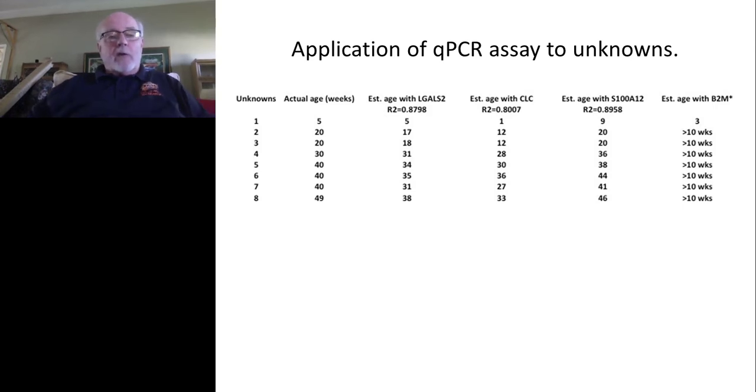So when we did that, here are results for 8 stains, and we've got the actual age on the left, and then going to the right, the estimates made with the LGALS2 transcript, the CLC transcript, the S100A12 transcript, and beta-2 microglobulin. B2M, of course, is only good for very short periods. If you recall, the curve, it degrades very quickly from the 5' end and then levels out after about 6 to 8 weeks of incubation.